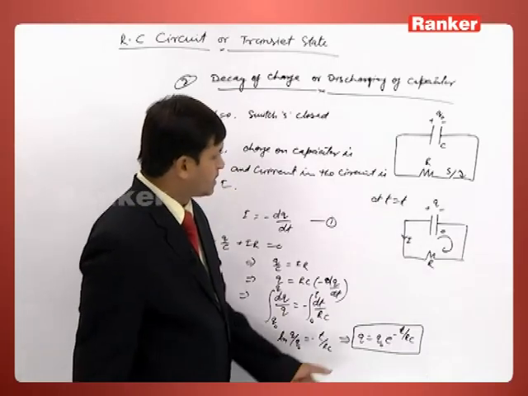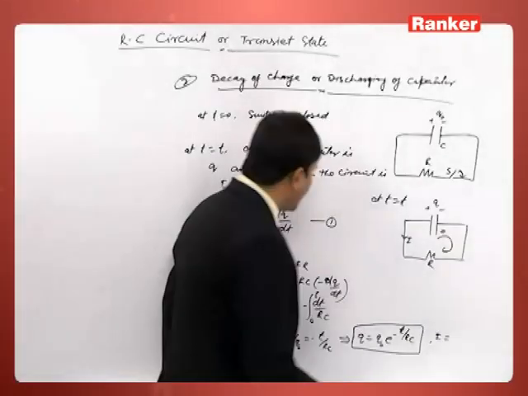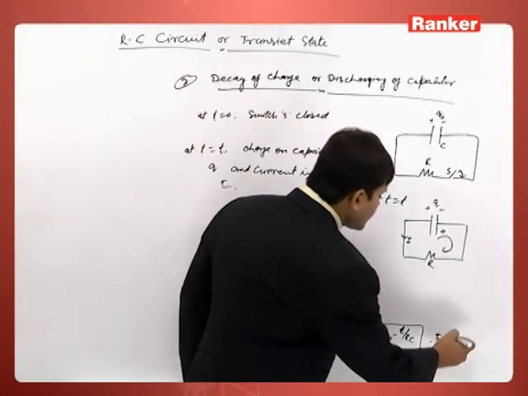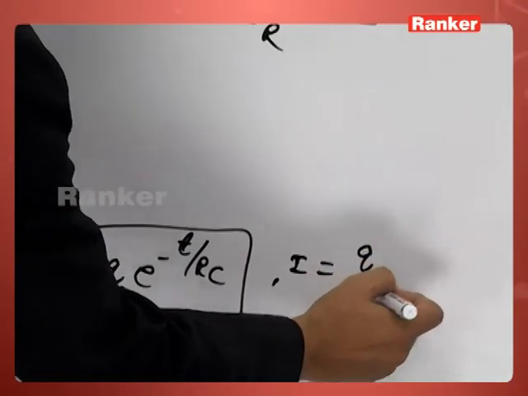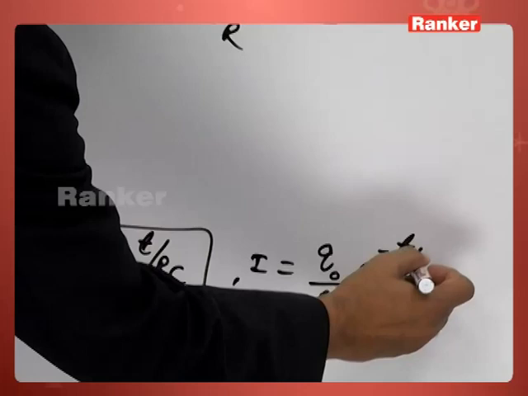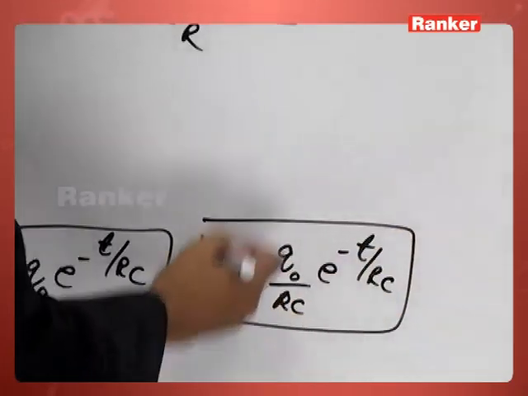And now the current relation, as I is minus dq by dt, we get I equal to Q0 by RC e to the power minus t by RC.